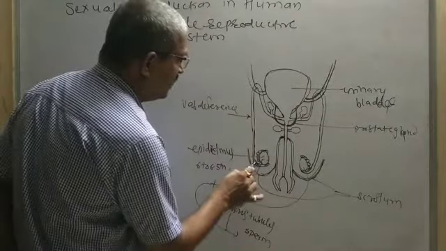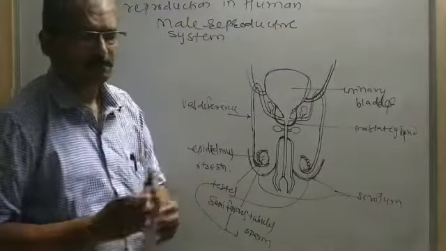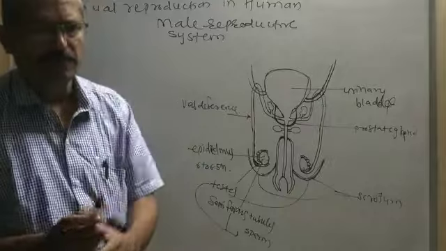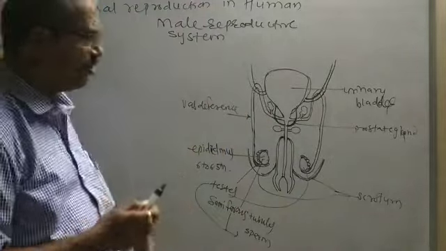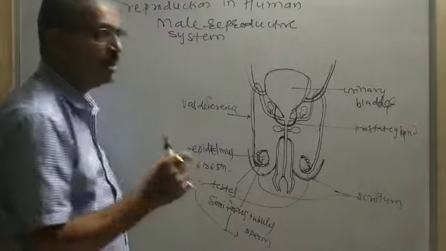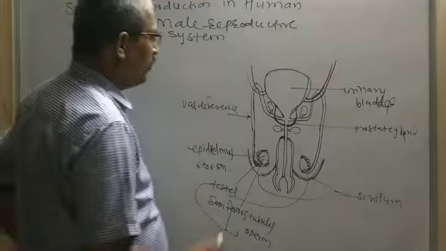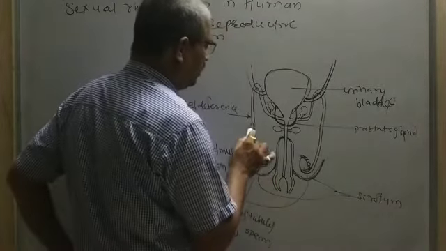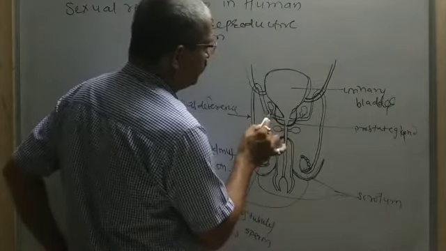These sperm cells are carried by the vas deferens. The journey of a sperm cell in the total male reproductive system is 6 to 6.5 meters.